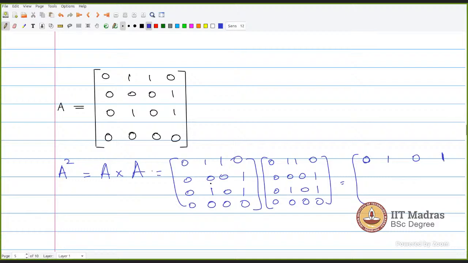Now 0 times 0, 0, 0, 0. Now what you have to do is take the second row, first column, multiply each element and add all those elements, you get 0. So this will also be 0. I will just quickly finish this. If you are quick enough, follow me. If you are confused, just try it out on your own. So 0, 0. So this will be 0. This will also be 0.